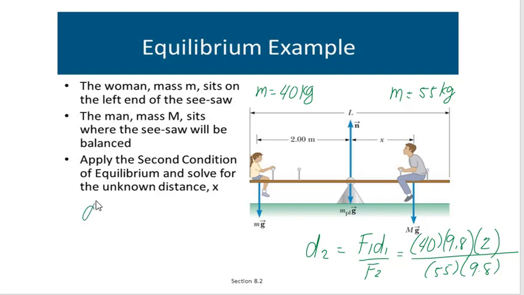Now the answer is distance 2 is equivalent to 1.45 meters. If we analyze it, since this one has a greater amount of force, to produce the same amount of torque, it has to have a lower lever arm, or a shorter distance, which is equivalent to 1.45 meters.